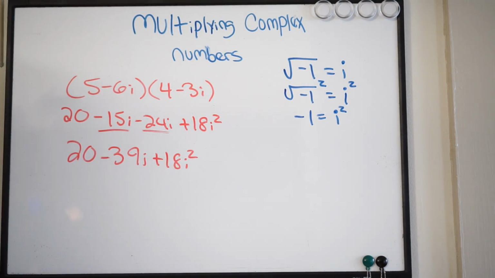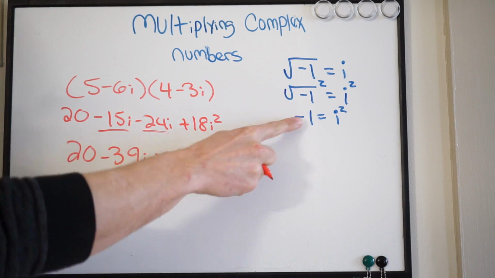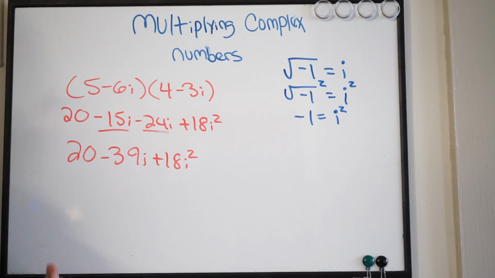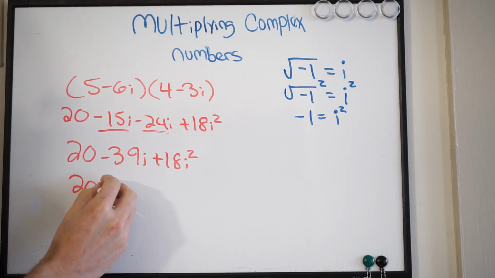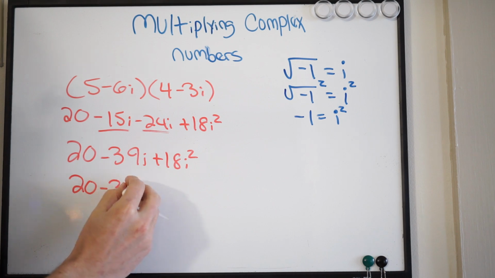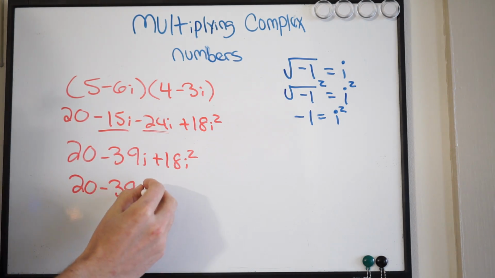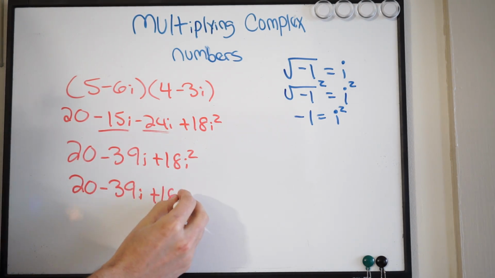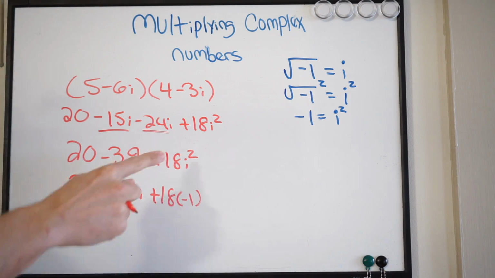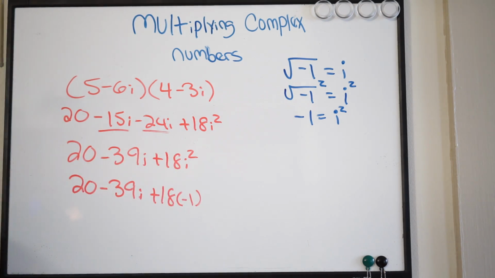And again, notice that i squared equals -1, so we're just going to replace that here. So we have 20 minus 39i, and then plus 18 times -1. So we just replace the i squared with -1.